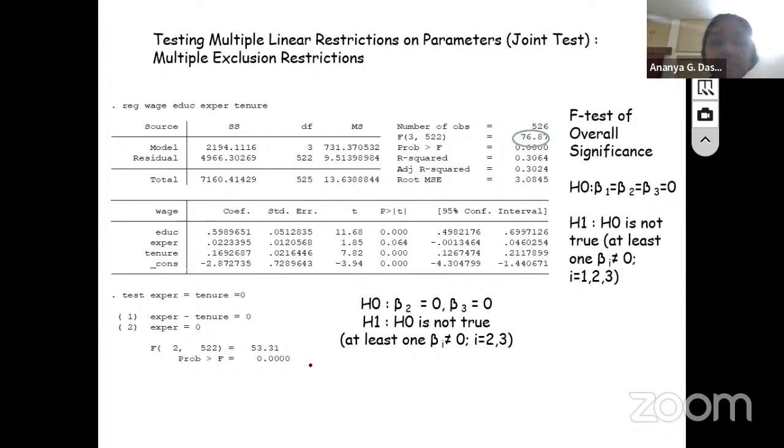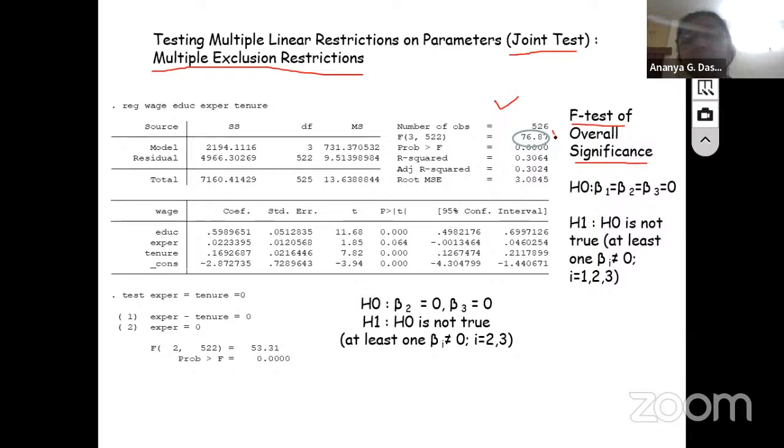Now another test is an example of a joint test involving multiple exclusion restrictions. First of all, please notice that whenever you have a standard regression result, the F test for overall significance will always be reported.